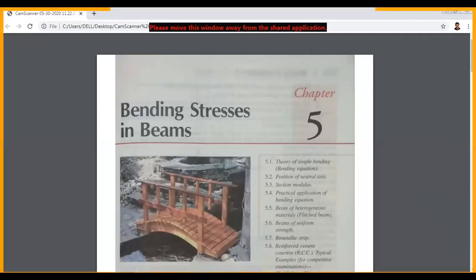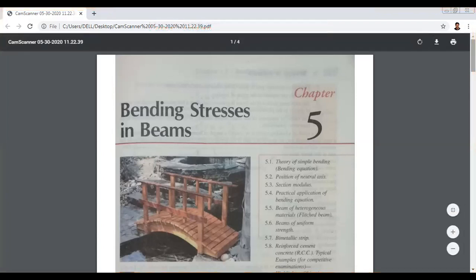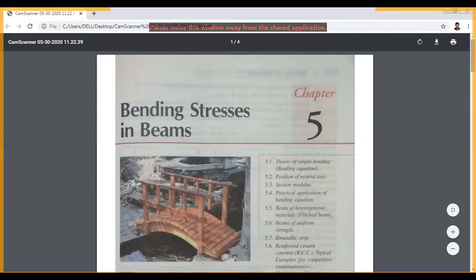Then later on we came to the moment of inertia, because moment of inertia is a basic requirement for understanding the bending of beams, bending stresses and bending moments of the beams. So now we are coming over to the bending equation, which, as I told, is a very important equation based on simple bending.